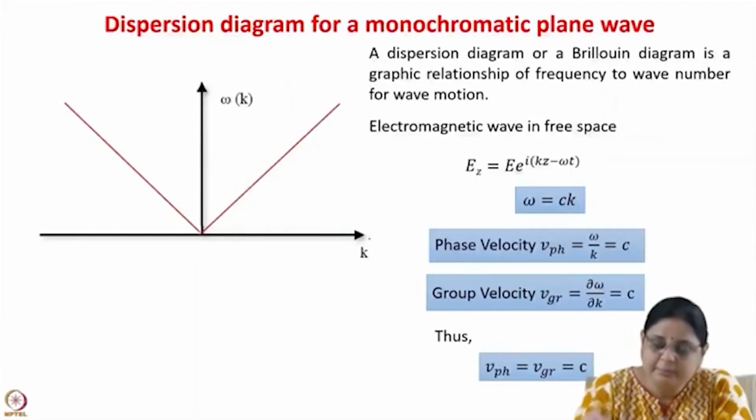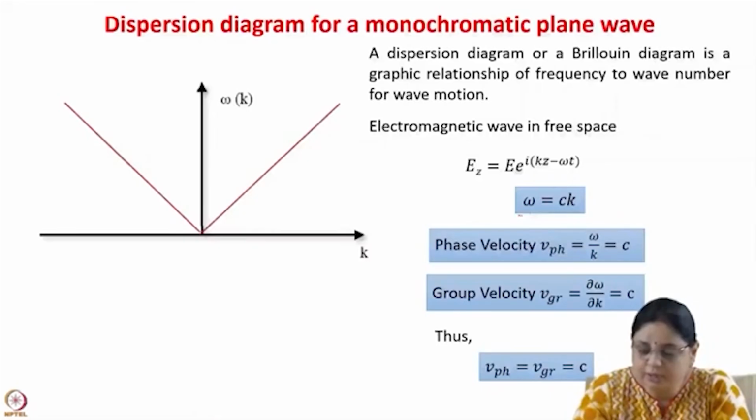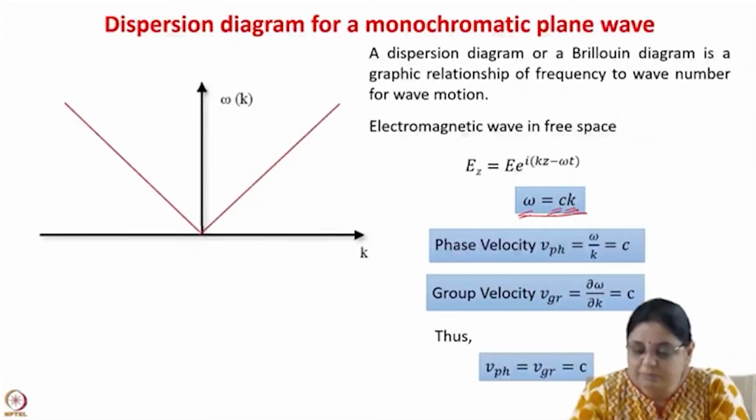For a monochromatic plane wave, omega is equal to ck. It is a wave that is propagating with propagation constant k, frequency omega, and velocity c, and the equation of the wave is given like this, which you are very familiar with now.